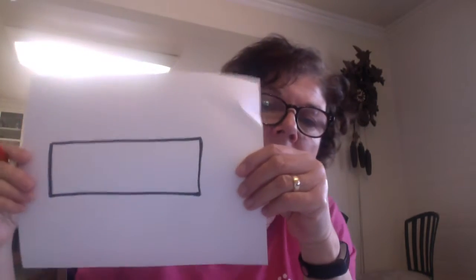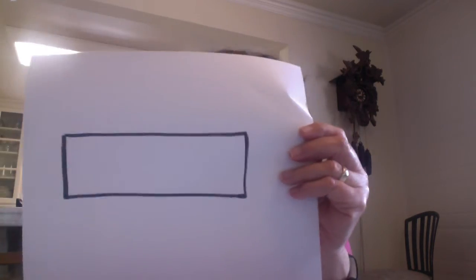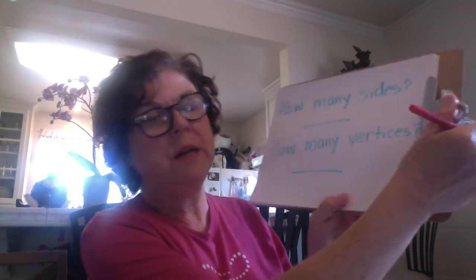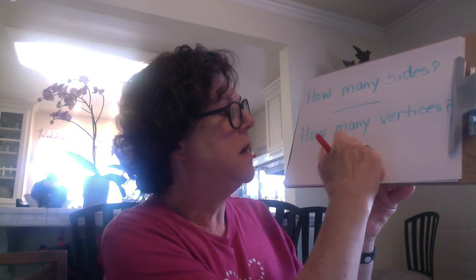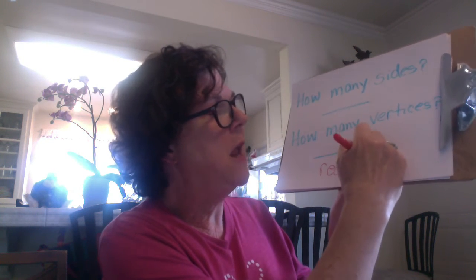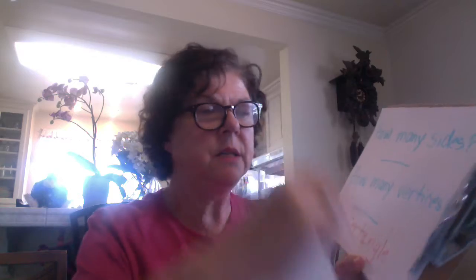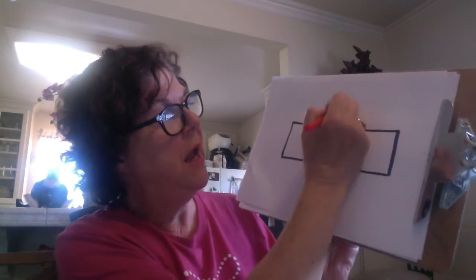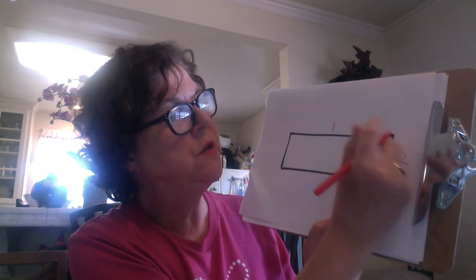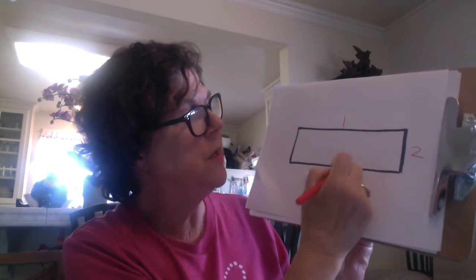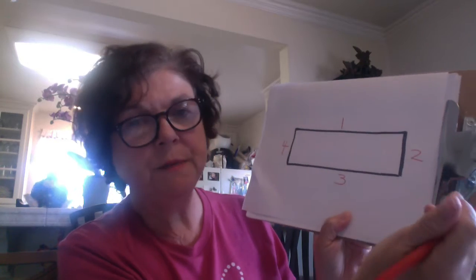I'm going to show you another shape. I hope you recognize it. I can hold it any which way. It's still the same thing. This is a rectangle. R-E-C-T-A-N-G-L-E. Rectangle. Okay, we're going to look at the sides. It has 1 side, 2 sides, 3 sides, 4 sides.